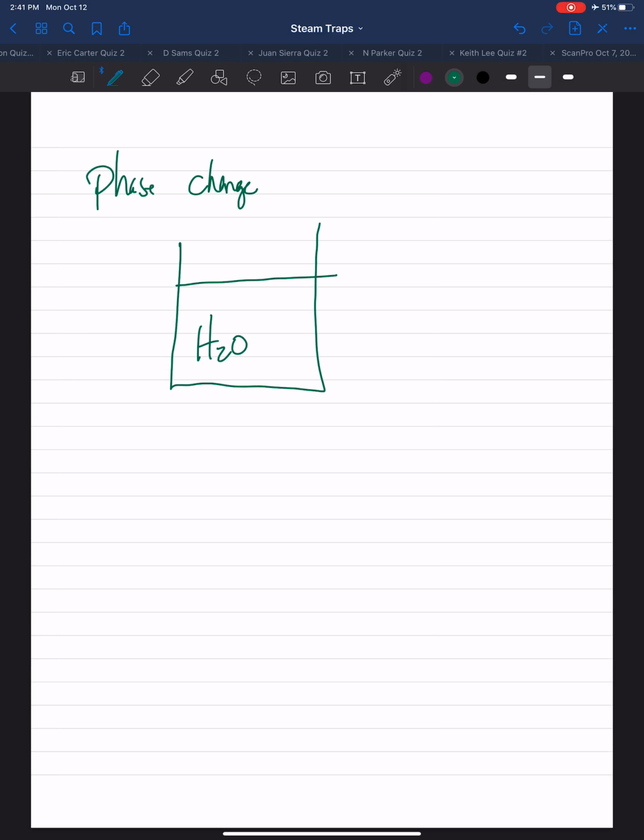So let's take an example of phase change. So say we have water in a cylinder and it's under constant pressure.